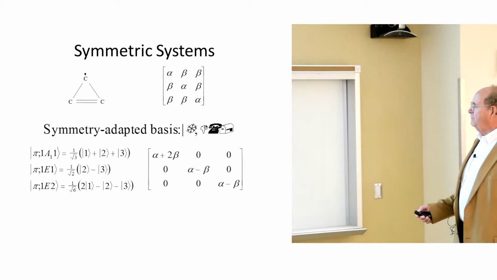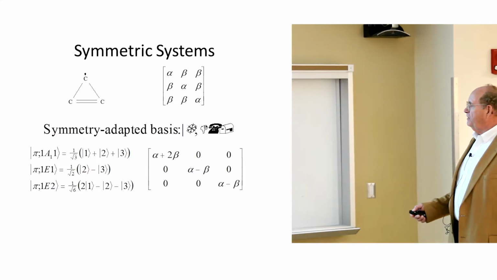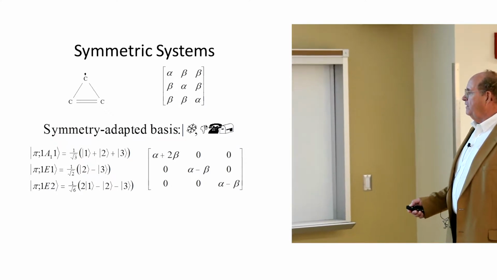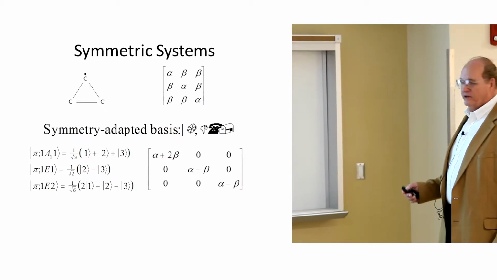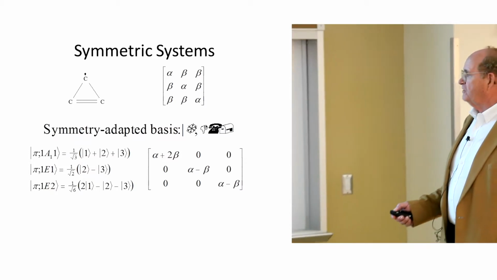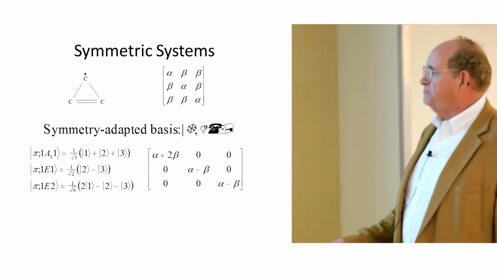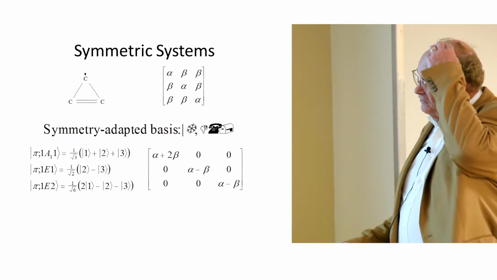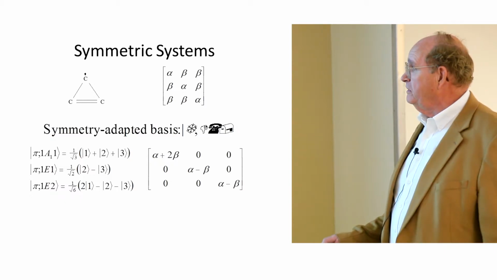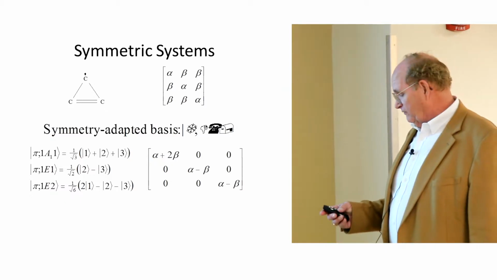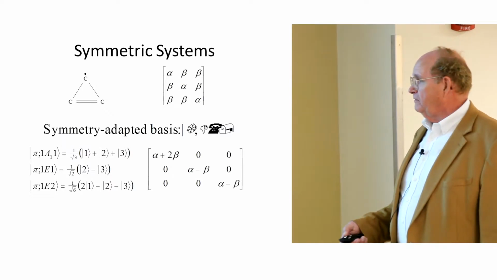You find that the expression becomes diagonal, and you have alpha plus 2 beta, and then you have alpha minus beta. So this, in fact, shows you the decomposition of the state space into two invariant spaces. It also shows you how you've reduced the matrix elements. This is a 2 by 2, and so on. So that's the easy one.